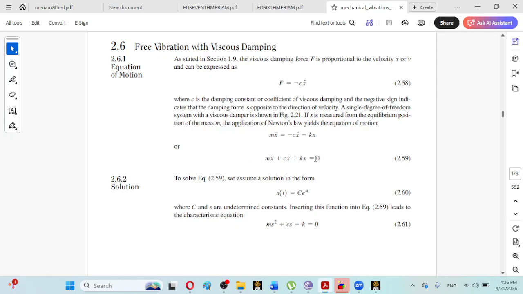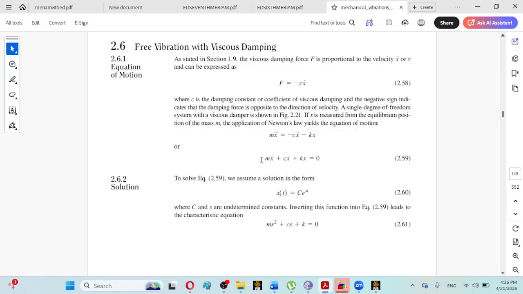As this is the governing equation, and as we observed at the start of this chapter, there are other methods to derive the same equation, namely the law of conservation of energy, D'Alembert principle, and principle of virtual displacement or virtual work. All those methods can be equally applied, but the author has not used them to derive these equations. So it is the duty and responsibility of the student to apply those methods upon equation 2.59.